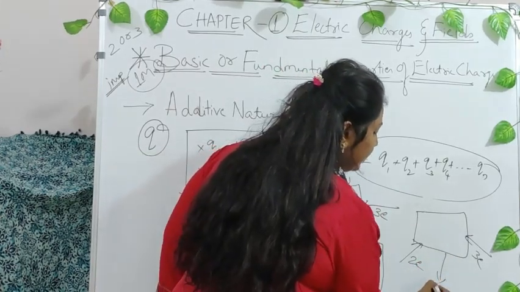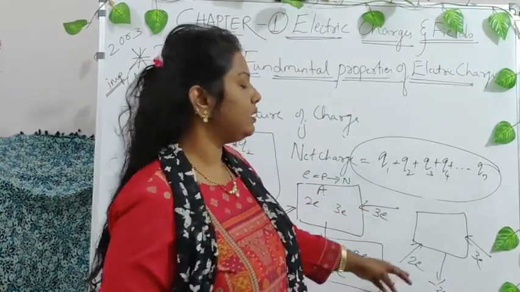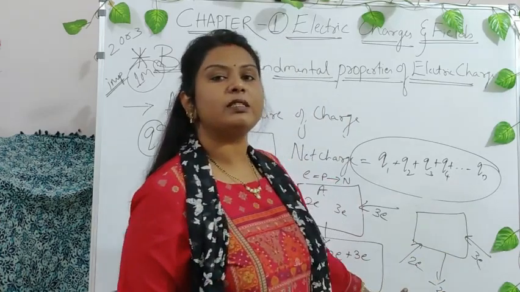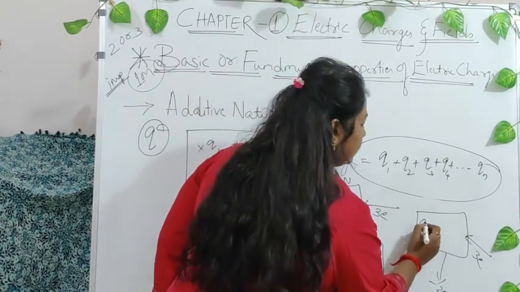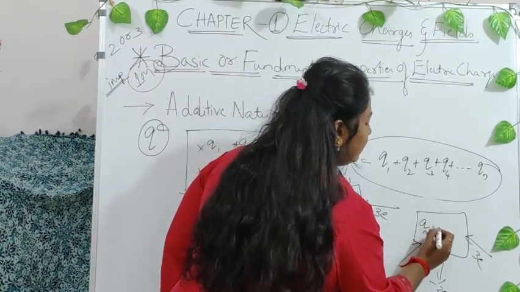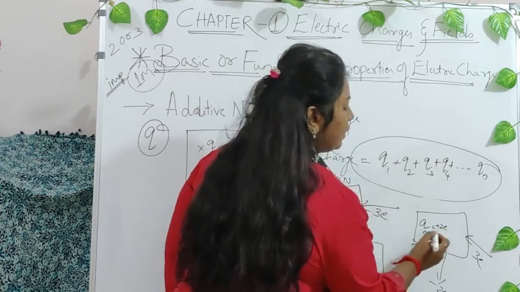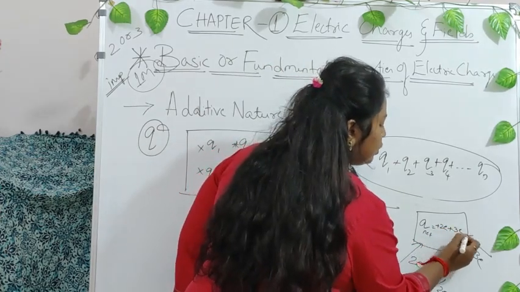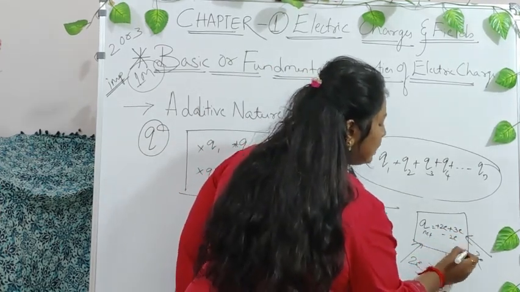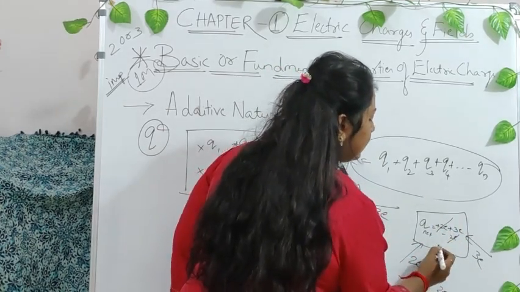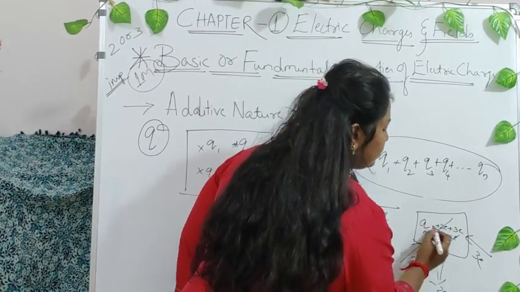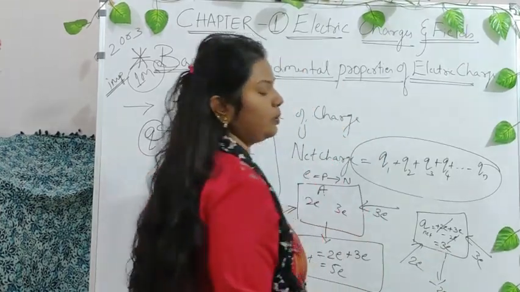Later you remove 2 electrons. Now what is the net charge on this system? The net charge will be plus 2 electrons, plus 3 electrons and minus 2 electrons. This gets cancelled. The net charge of this system will be 3 electrons.